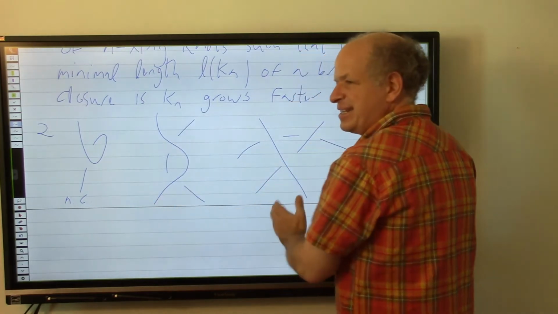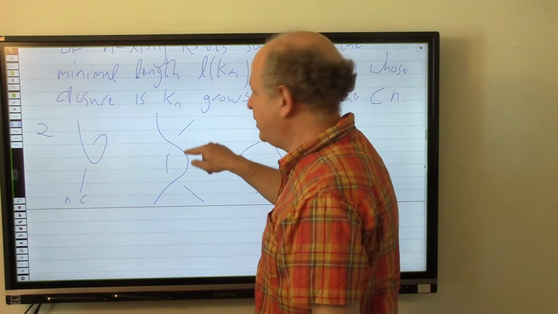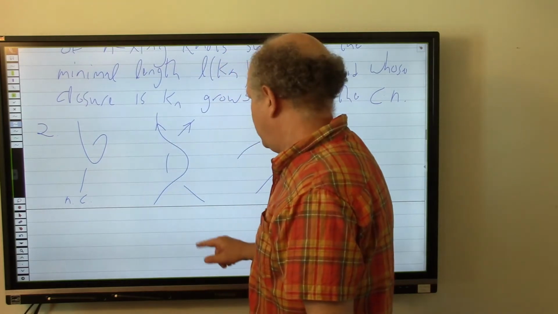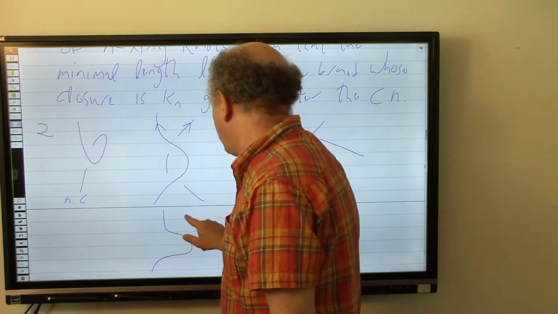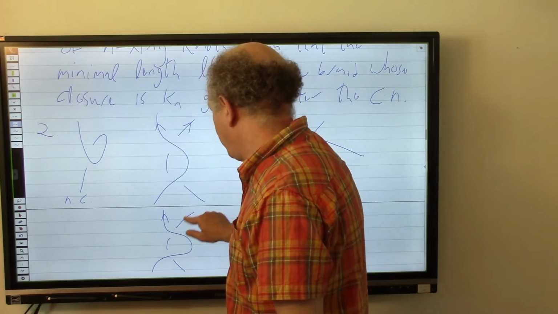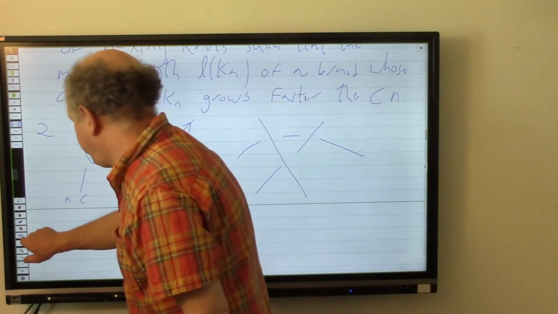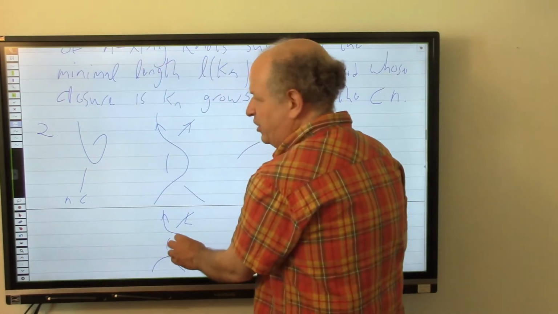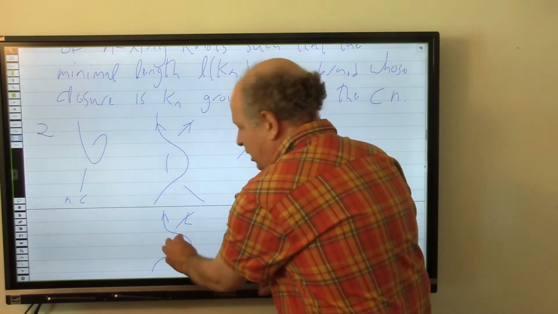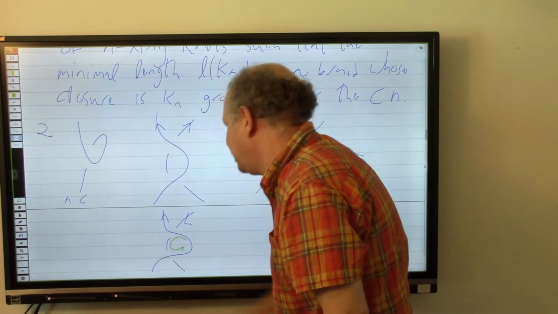But you can split these moves according to the orientation. So for this move, for Reidemeister 2, the strands could be both oriented up, or one could be oriented up and one could be oriented down. If it's the second case, then the loop in the middle, right here in the middle, there is a closed domain, and this closed domain is oriented in a cyclic manner.